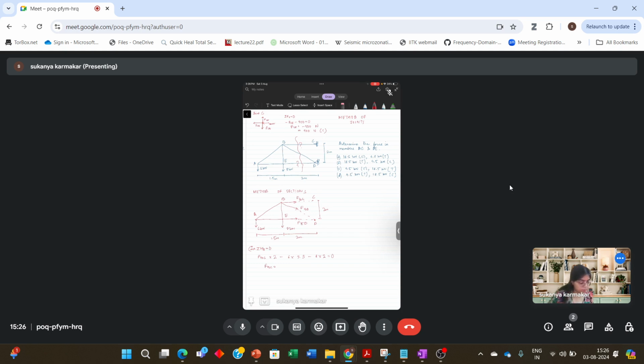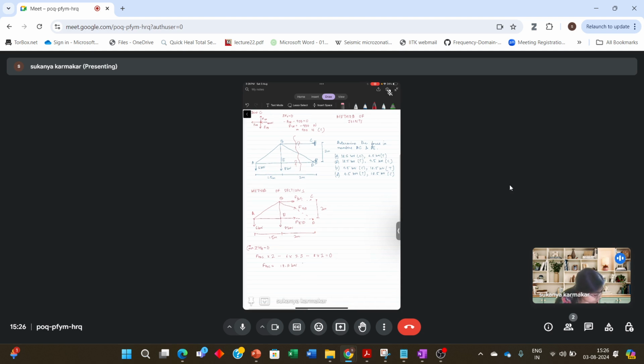So it comes out to be 18.5 kilonewton, and since it is positive, FBC is 18.5, so the correct option is B.